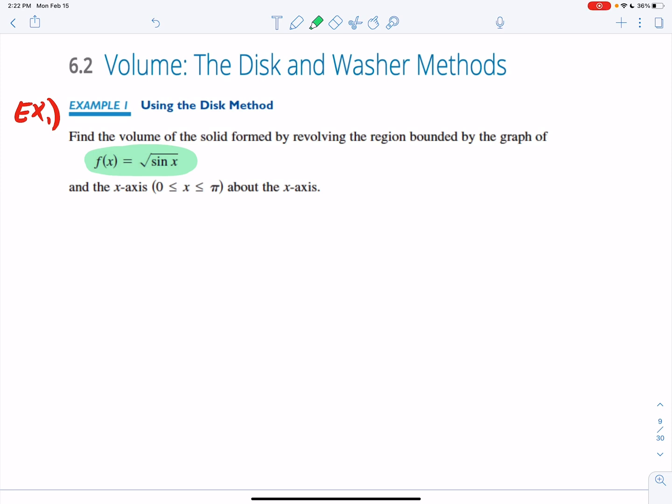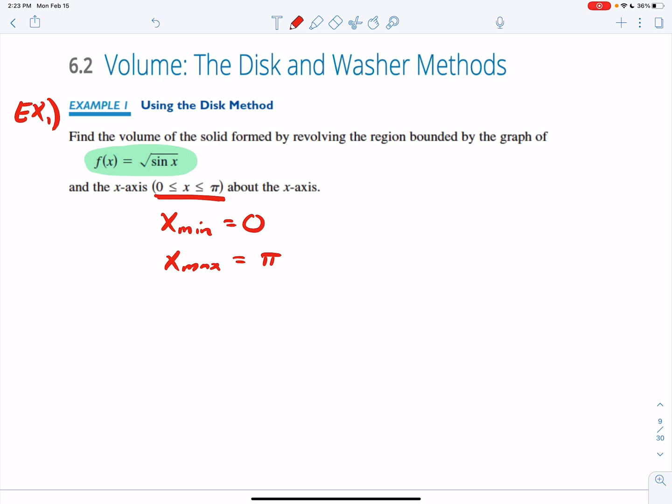Okay, and notice here how it says that you're going from 0 to pi. So go ahead and go to your window, which is that second button at the top. I would probably change x min to 0, and your x max, I would probably change that to pi. So you know exactly which one you're dealing with here. In case you can't find that pi button, it's right above the caret. So second caret would give you pi.